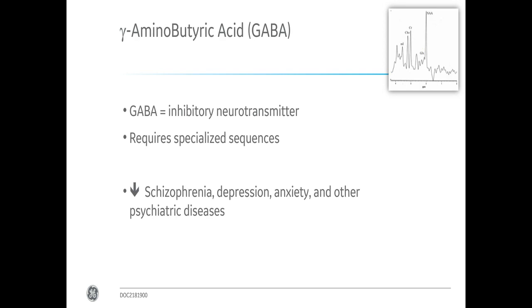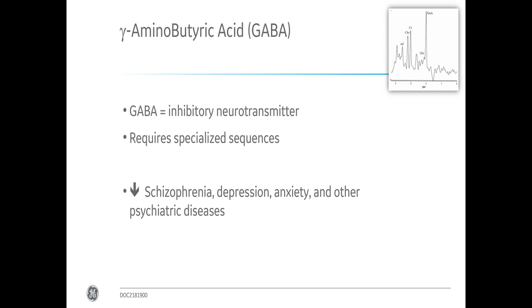Another neurotransmitter I just want to mention, even though it is not really playing a big role in clinical spectroscopy but rather in a lot of clinical research studies, is GABA. It is also a neurotransmitter, the same as glutamate, but it's an inhibitory neurotransmitter.